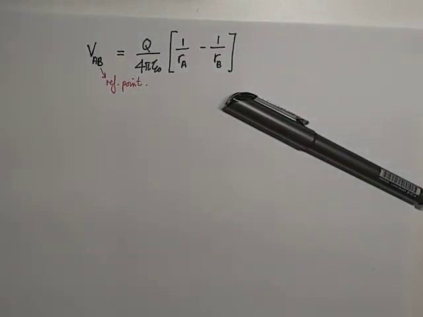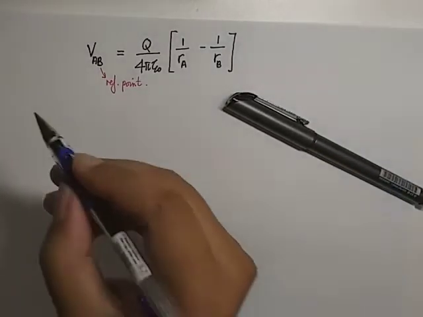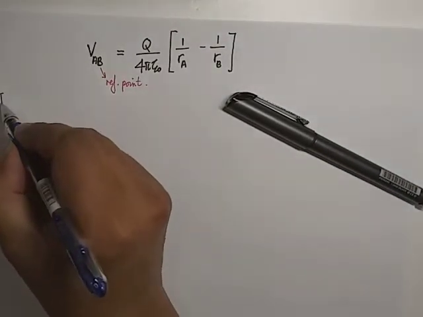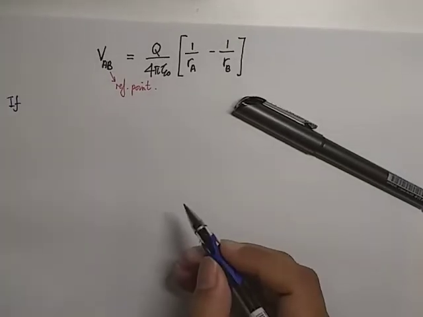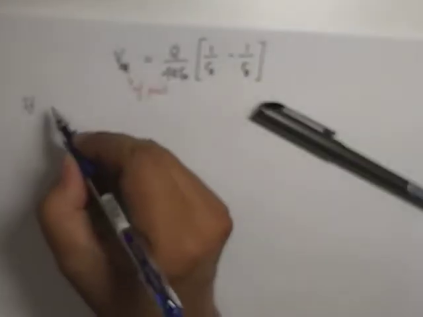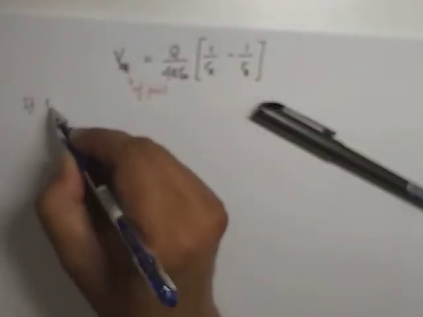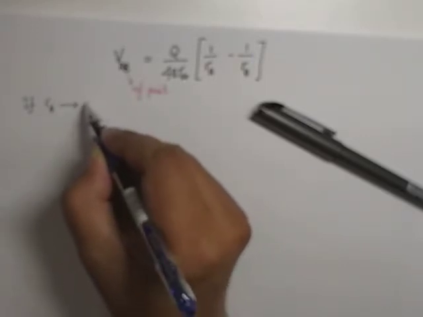Okay, so we are saying now point B is our reference point. If you're given this scenario, RB is assumed to be located at infinity.